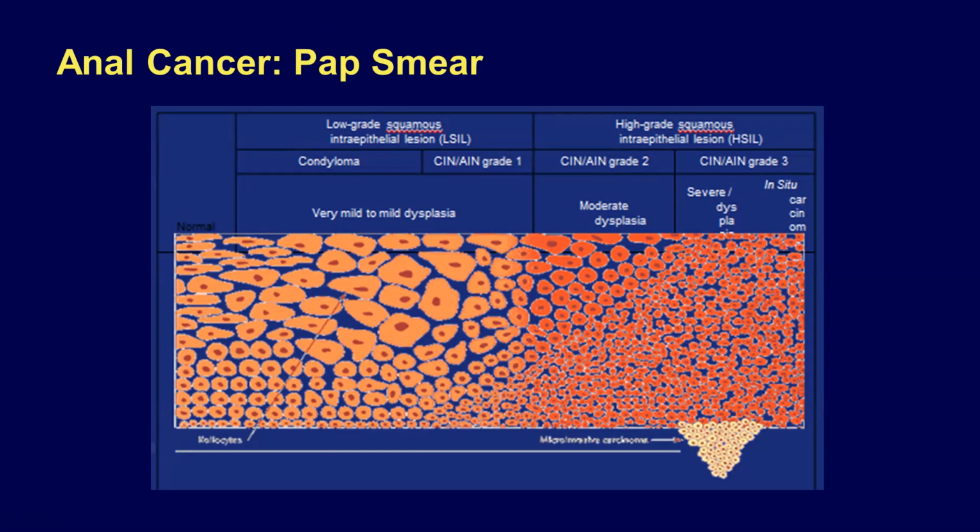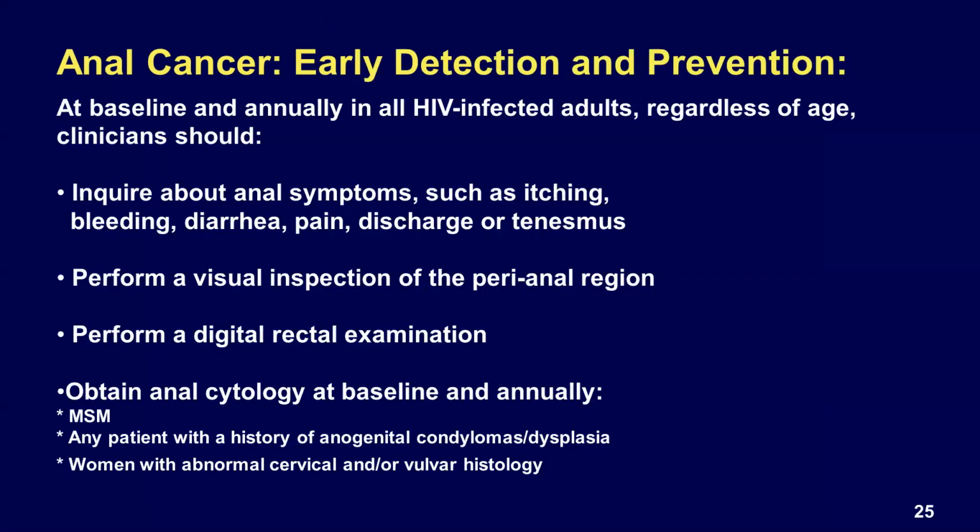But when we go to the right, over time, or depending on the HPV type, these cells can become more aggressive, multiply, and increase the risk of developing anal cancer. And this is what the anal Pap smear detects.